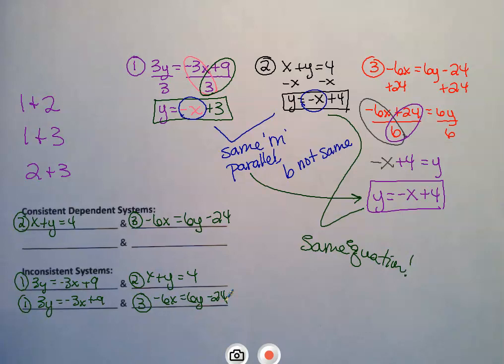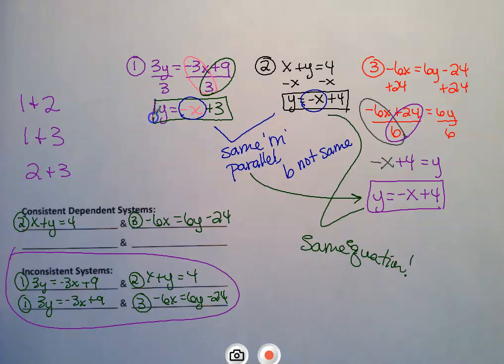Either of these inconsistent systems is going to give us a false statement when we solve it. Okay? Doesn't matter which one. I want you to see what the false statement looks like, so you're not wondering why we haven't done this.